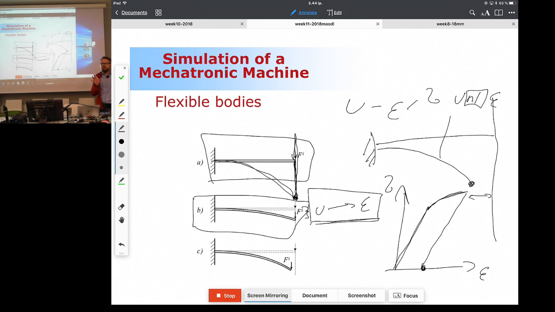But this is typically not so important in a multi-body dynamics, because if you have a crane that deforms a lot, it can happen. But if you have a crane and there's a permanent material deformation due to the loading, this is not very good design. If I lift with the crane, and after the loading condition the crane will be bent, that's very bad design.